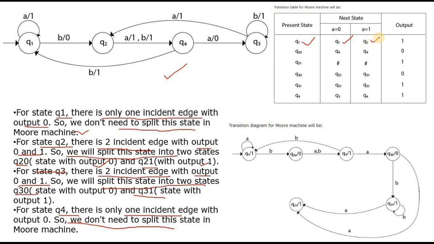Okay. Then if you look at Q2 0, when A equal to 0, that is Q4, and the same with A equal to 1, Q4 with output 0. Q2 1 goes to the same Q4 but with output 1.